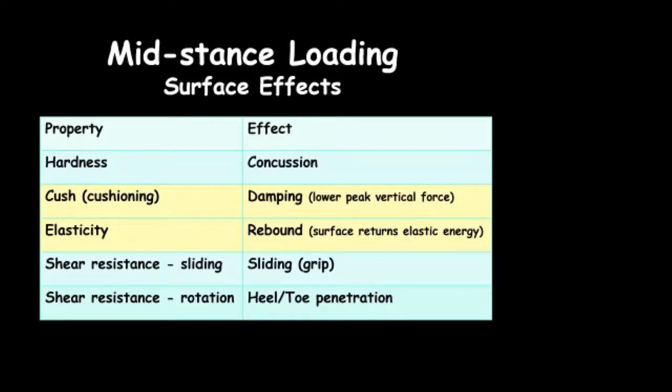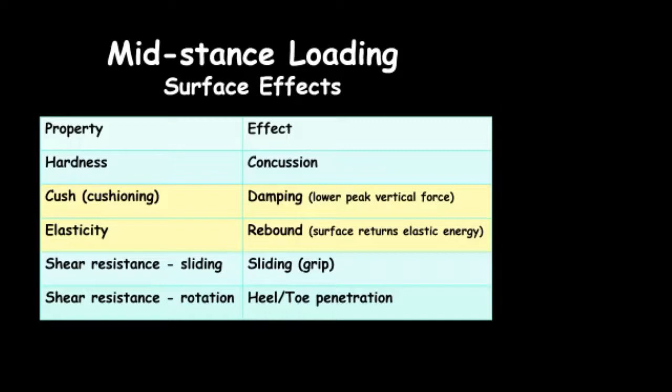The other feature of the footing that's important is the elasticity, also sometimes called the rebound. And the rebound effect occurs when the surface, just like the tendons in the horse's leg actually, is deformed by the horse, it stores elastic energy and then springs back a little bit to release some of that energy to help bounce the horse's leg off the ground.